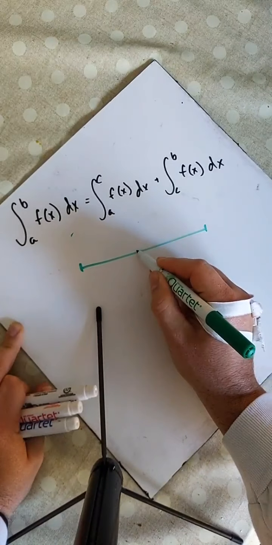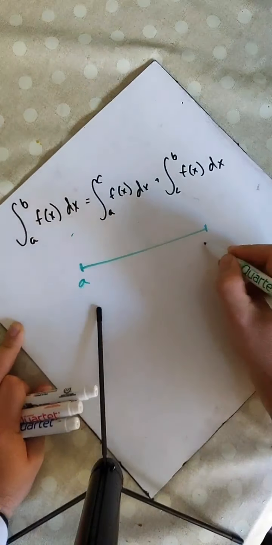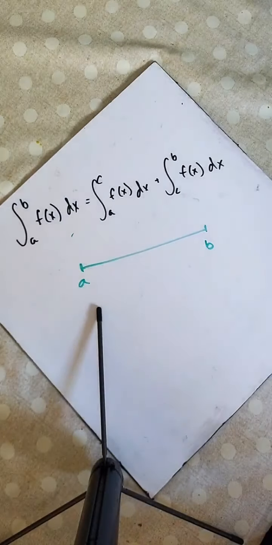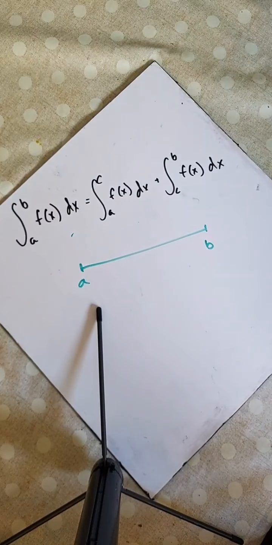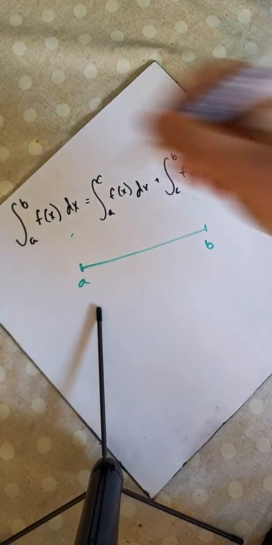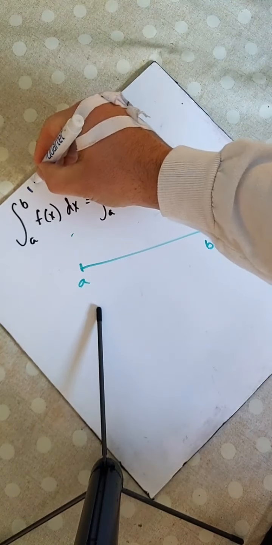So if I have 2 points, A and B, on a number line, and I know the distance between those 2 points, let's just say, I'll make up a number, 18.